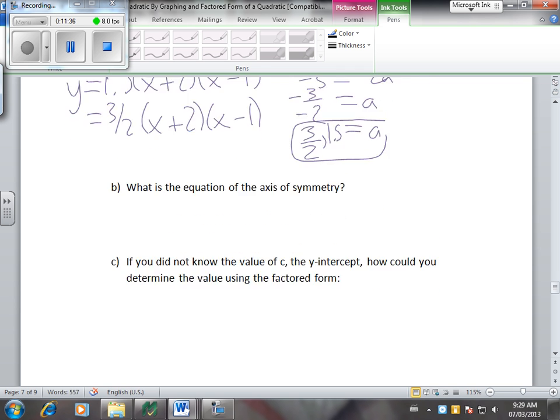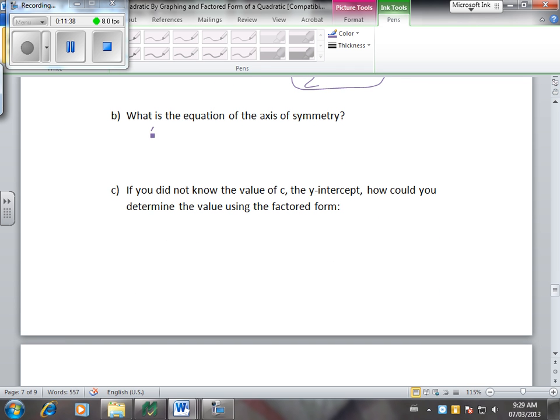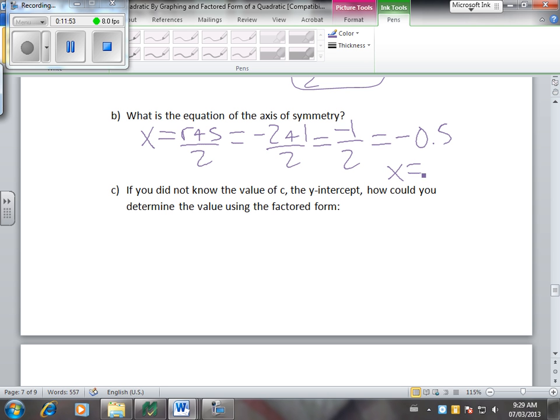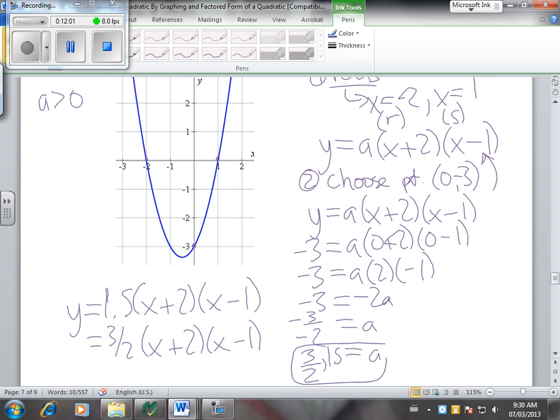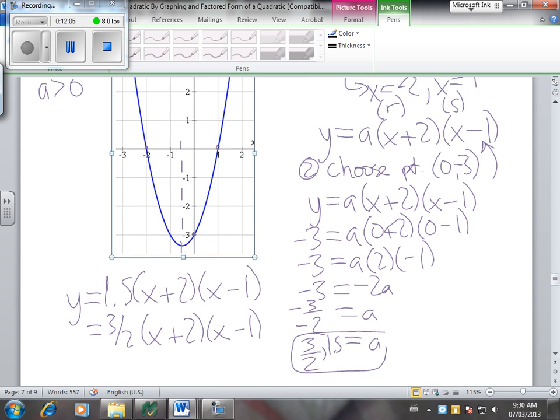To find our axis of symmetry, we find the average of the r and s values. So I have negative 2 plus 1 divided by 2, which is negative 1 divided by 2, negative 0.5. Quickly scrolling up, that looks about right on my x-axis.